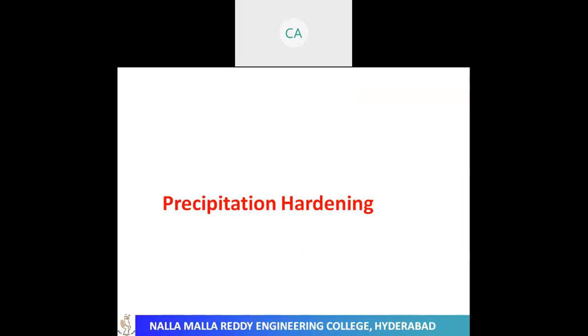In superalloys, it is known to cause increased yield strength, normally providing excellent high temperature strength. Precipitation hardening relies on changes in solid solubility with temperature to produce fine particles of an impurity phase, which impede the movement of dislocations.